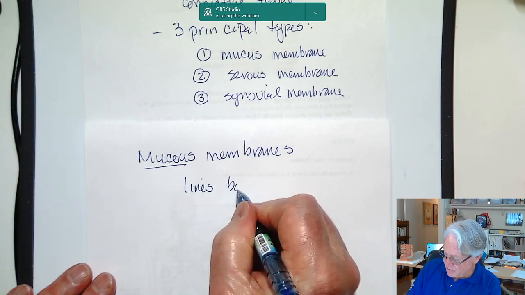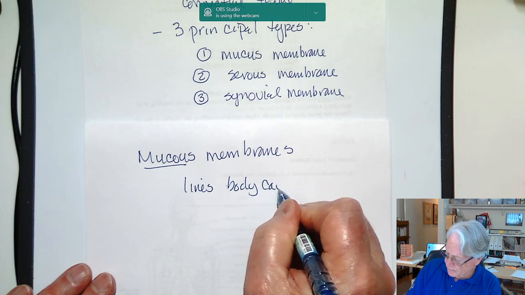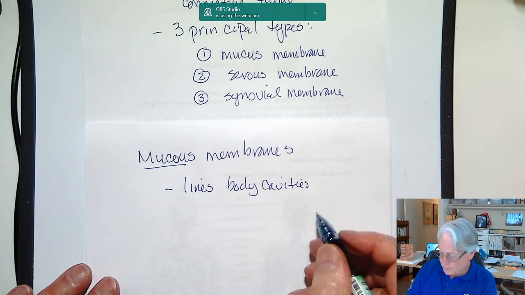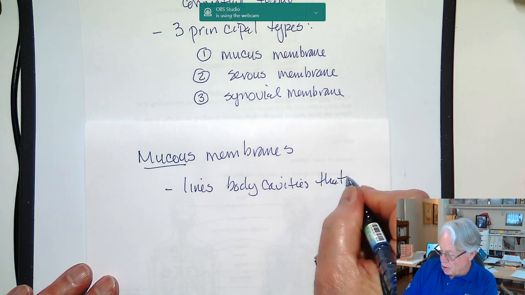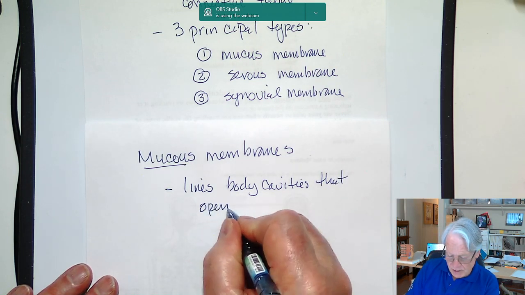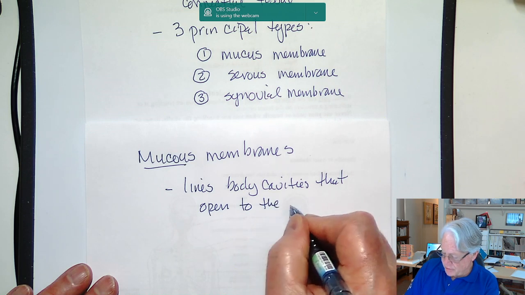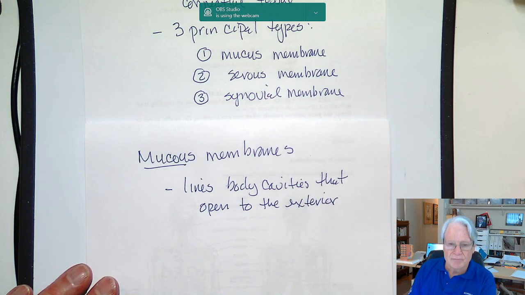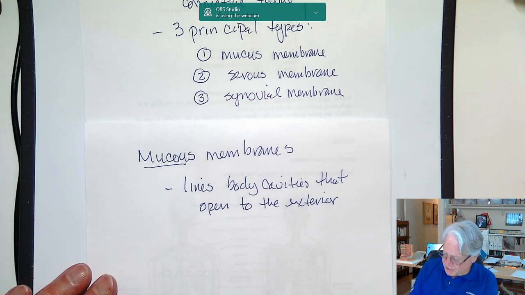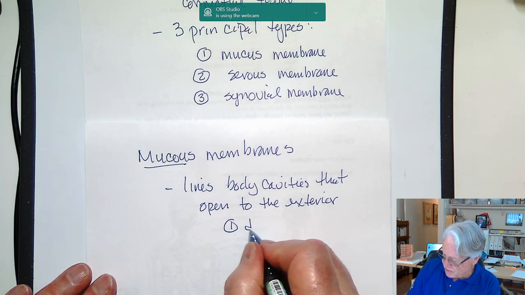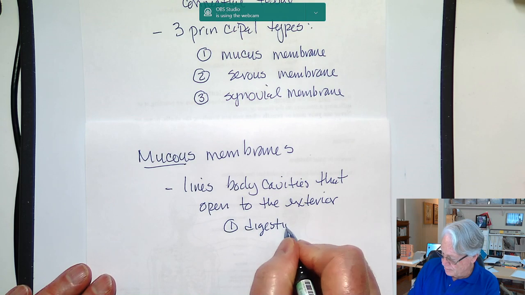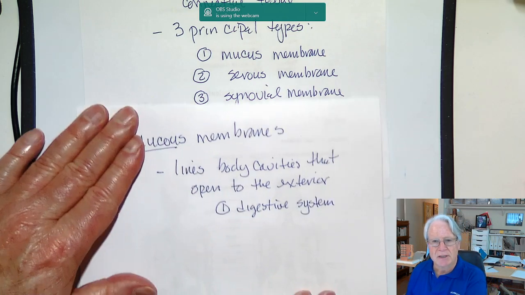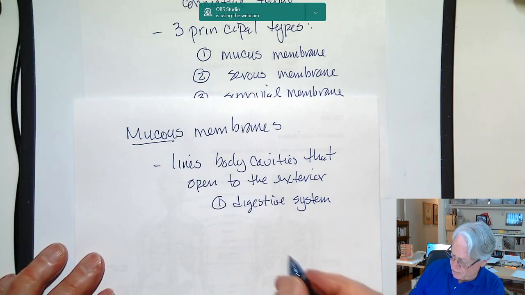Lines body cavities that open to the exterior, meaning the outside world. Let's list them. They are digestive system, open at both ends to the outside world.